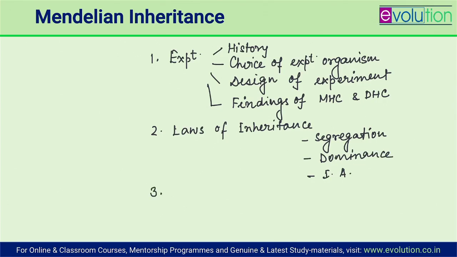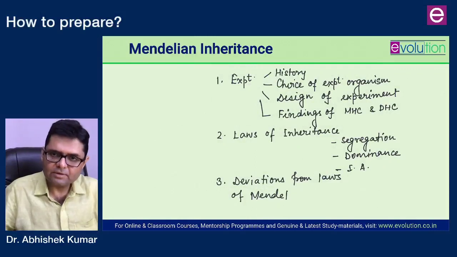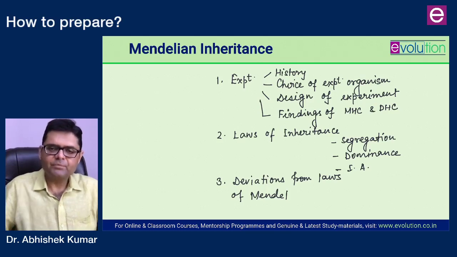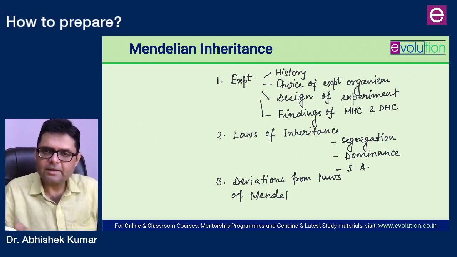The third thing you need to know is deviations from the laws of Mendel. With these three topics, you would have satisfactorily done Mendelian inheritance. Apart from that, there is nothing else required. Let's remind ourselves that Mendelian inheritance is not a clearly stated topic, but to understand further topics, it is important. At the same time, sometimes direct questions have also been asked.